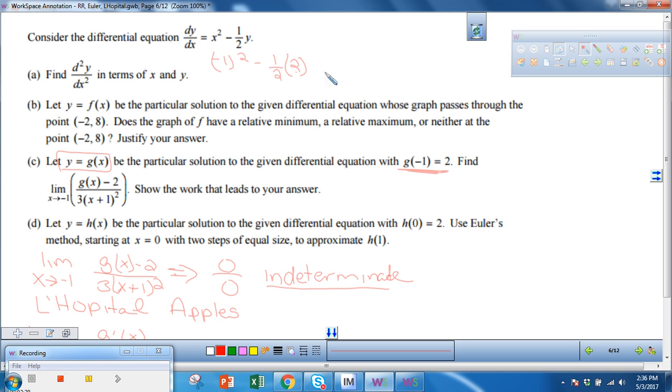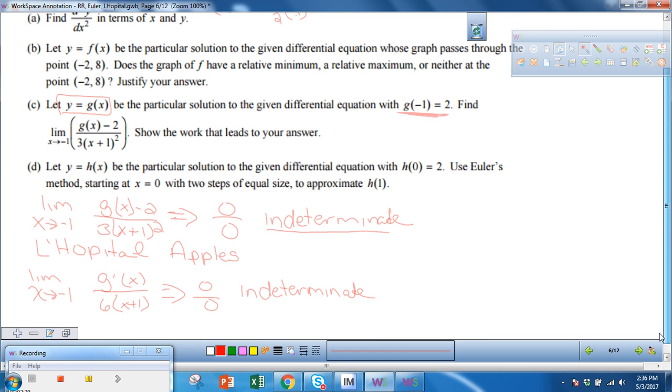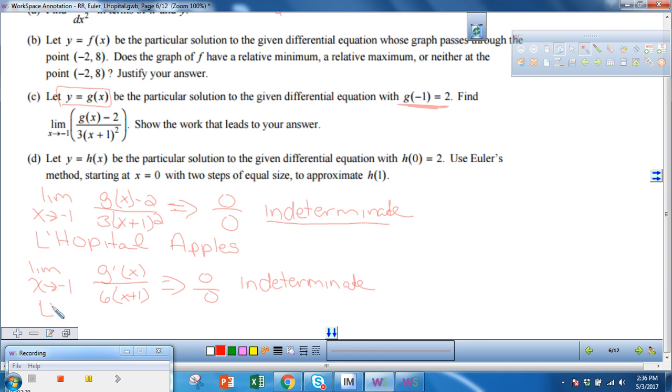So that's 2, and look, I get it again, I get 0 over 0. Notice I am not writing equal to, I'm just writing that it sort of implies that is 0 over 0, indeterminate. Okay, so we got indeterminate again, and once again, L'Hopital applies.